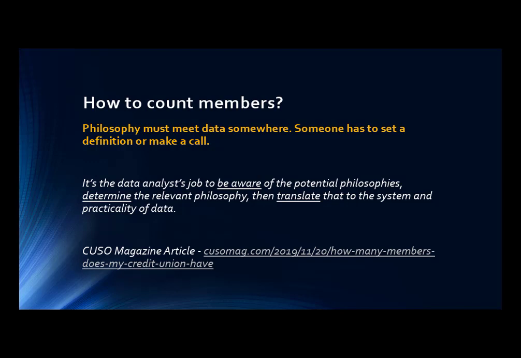Someone has to actually understand these differences and be able to either set a definition or help the department that's asking for this information to verbalize or express what their end goal is so that it can be translated to the system and to find a member count.